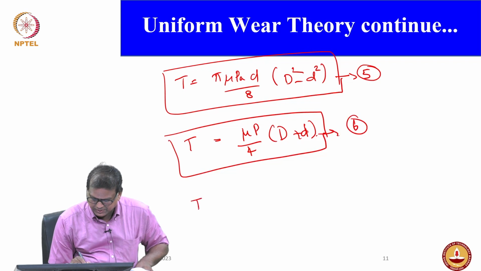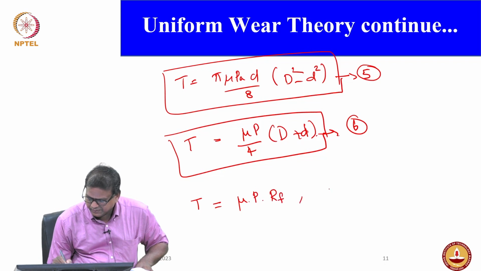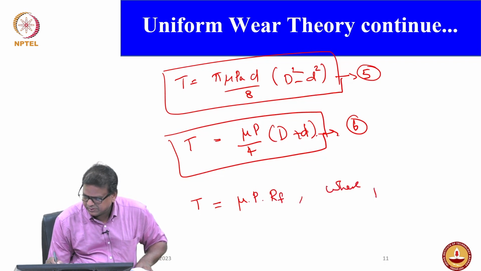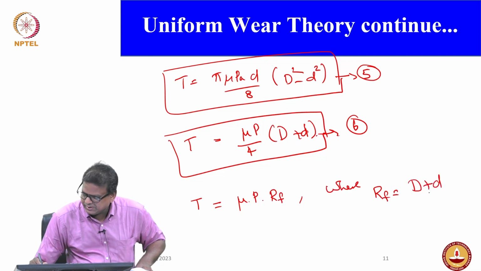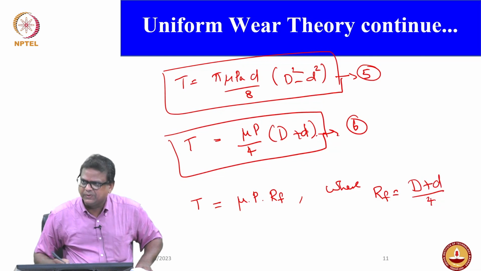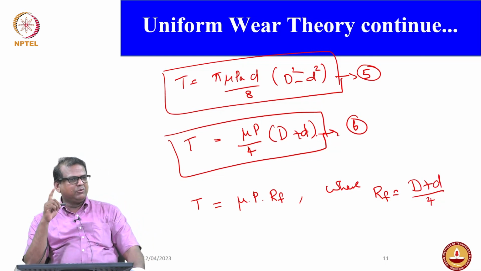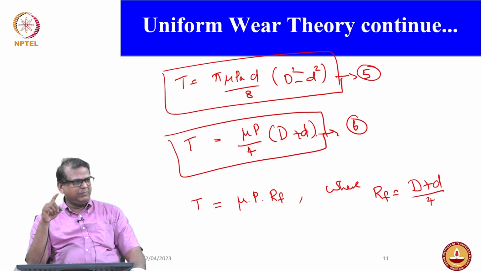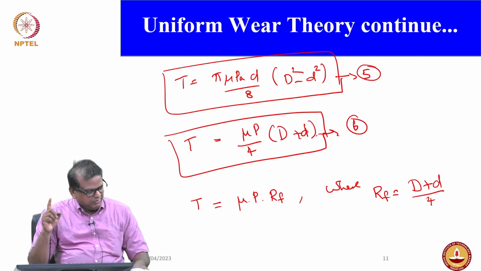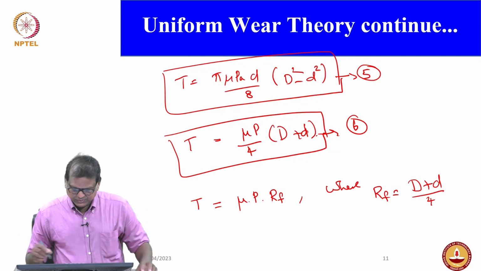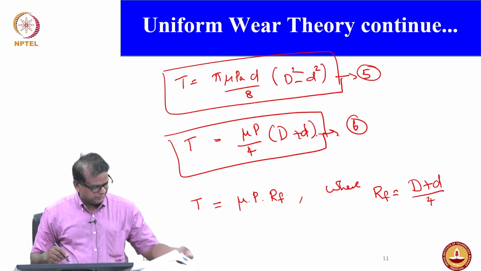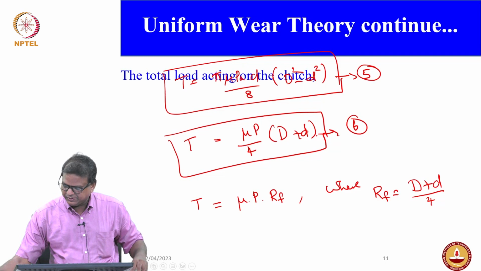If you standardize, T equals mu P R_F, where R_F equals capital D plus small d by 4. Remember, there you have D cube minus small d cube divided by 3 into D square minus d square. So that is the difference. Frictional radius will be different. This is for the uniform pressure theory.